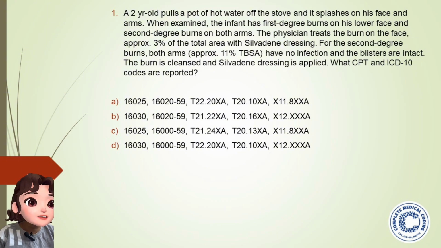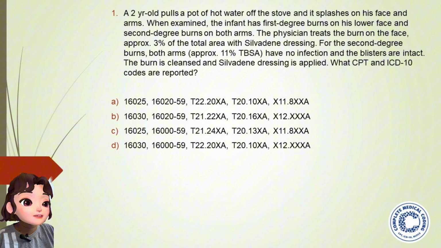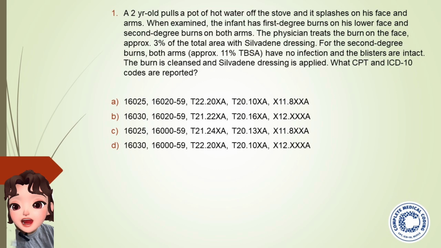Now the next one is an X code. What does this X code represent? X11.8XXA. Go to the ICD code book, take X11.8XXA. You will get it in the book as X11.8 only.